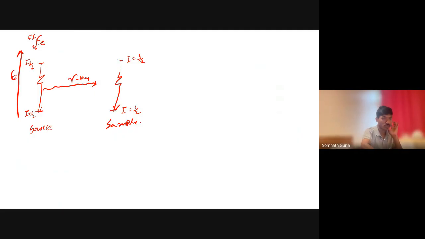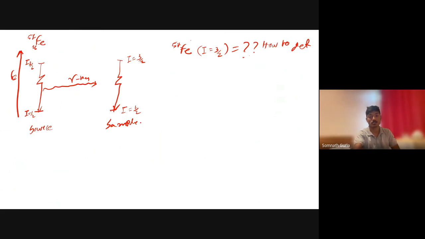So now how can we get Fe 57 with I equals 3 by 2? How do we get it? This iron with I equals 3 by 2 actually comes from the cobalt 57 isotope.